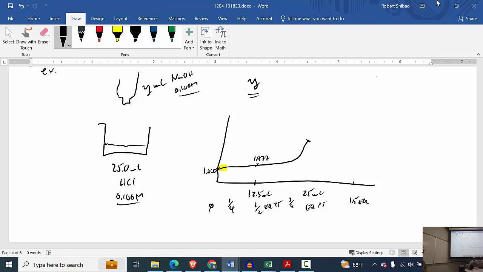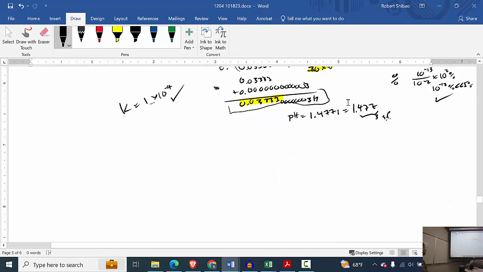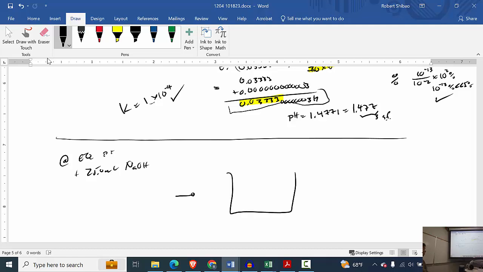If you do millimoles, we're adding 25.0 milliliters of sodium hydroxide, and we're going to end up with a total of 50 milliliters of mixture.